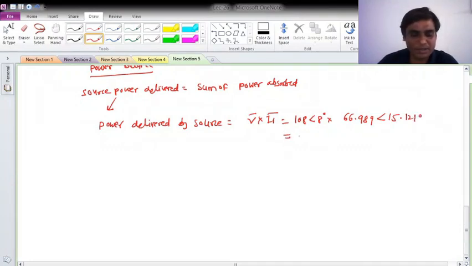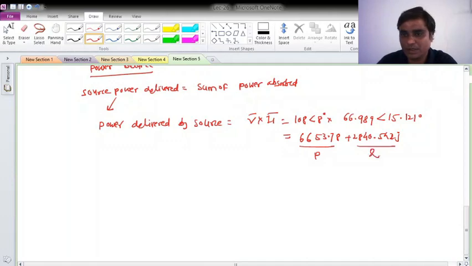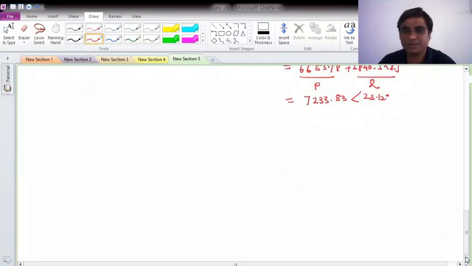If I do the multiplication, P in rectangular form comes out as 6653.78 plus 2840.542j. This is my active power, and this is my reactive power, and in polar form it is 7233.83 with angle 23.12 degrees. Okay. Now the sum of power absorbed.